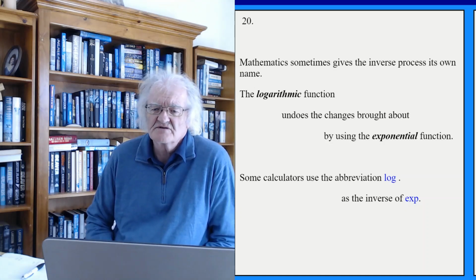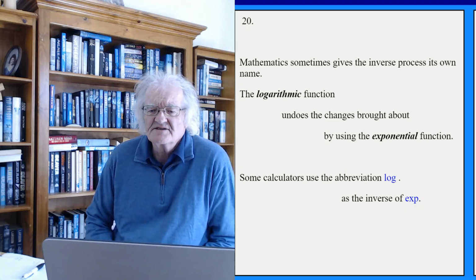We have mentioned the exponential in a previous example, but we will look at both of these functions in more detail later in the course. Some calculators use the abbreviations log to indicate the logarithmic function as the inverse of exp, representing the exponential function.